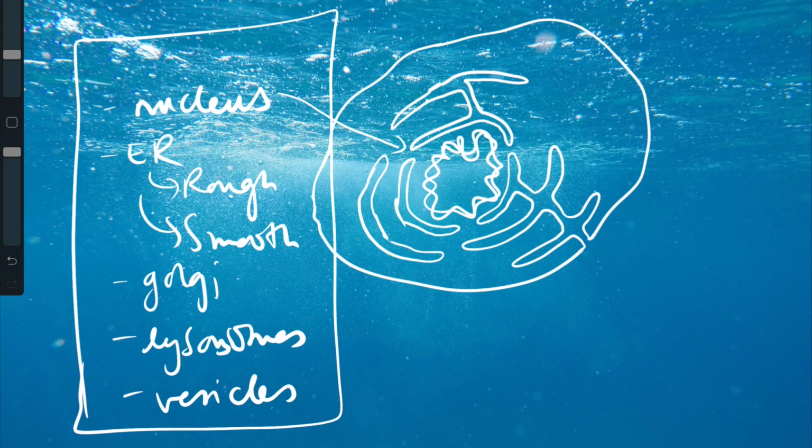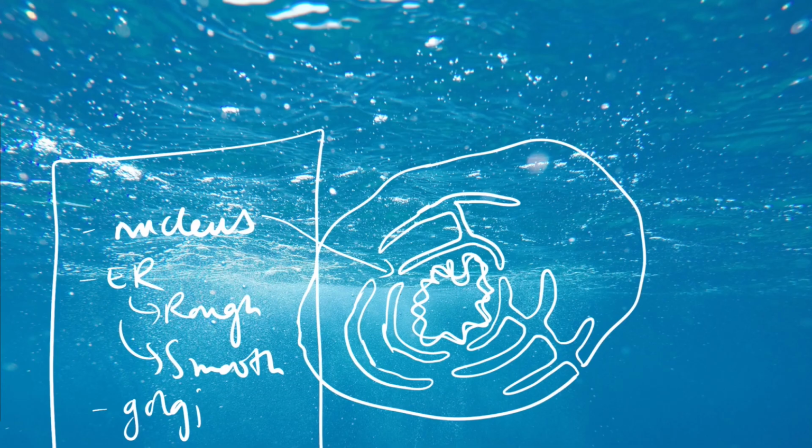Okay, now two very important characters which we have not talked about yet, which is the chloroplast and the mitochondria. Now these are special cases because the chloroplast and the mitochondria themselves resemble prokaryotic cells.